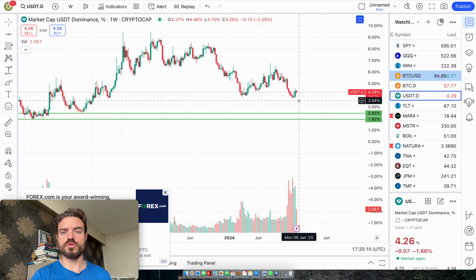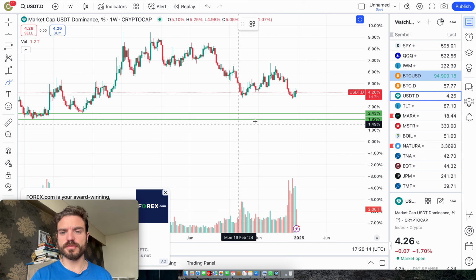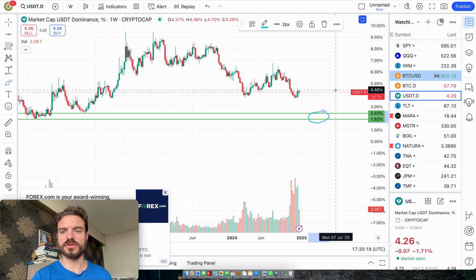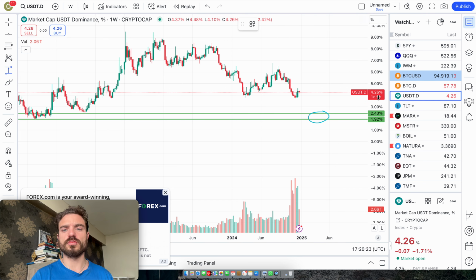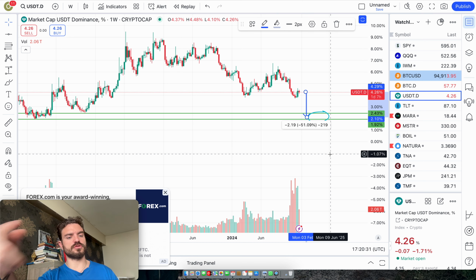So there is room for speculation that until Bitcoin reaches this zone here of 2% and 2.4%, there's still room for another 50% move of stable coins to move into Bitcoin and into further crypto.